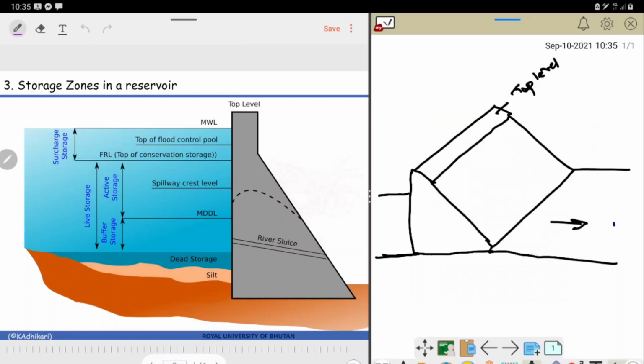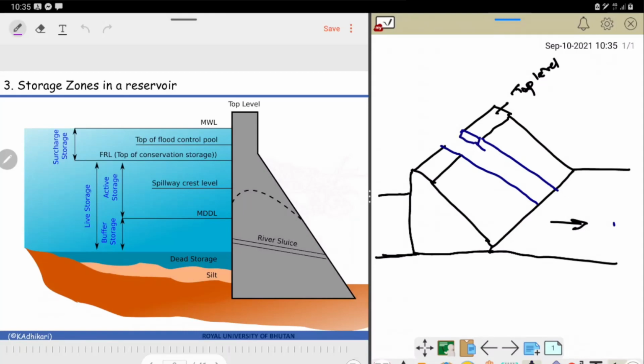So for your understanding, let me draw a spillway that is over the dam. People will construct the spillway something like this. So here is our spillway. Let me erase this part. So you can see, this is a spillway and it will be something like this.